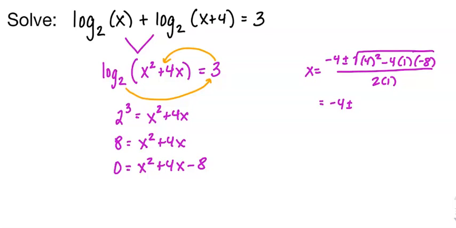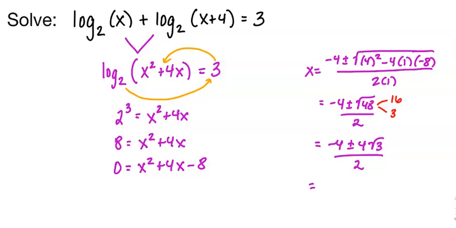Simplifying underneath our radical, we have 16 plus 32, so we have the square root of 48 all over 2. 48, if we look at splitting that up, is equal to 16 times 3. So the square root of 16 is 4. So we can write that as 4 square root of 3 all over 2, and then divide each term in the numerator by 2. So we have -2 plus or minus 2 square root of 3.